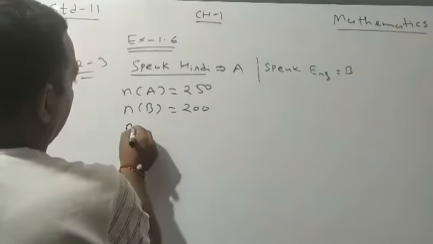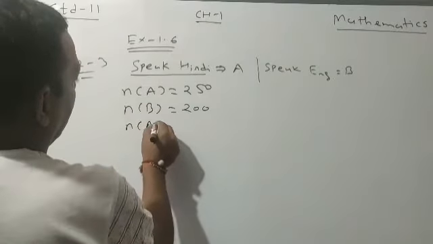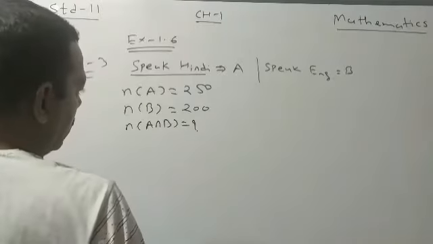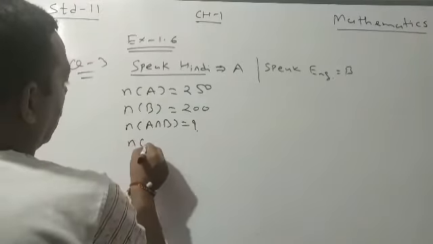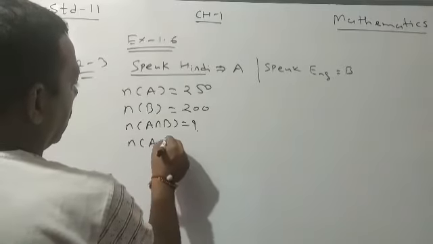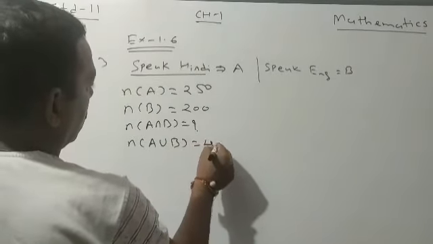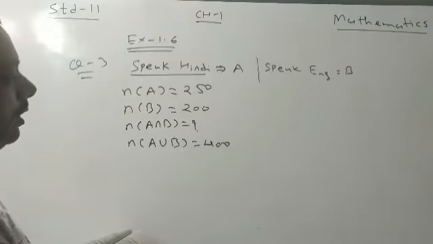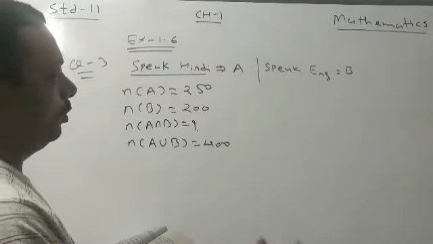So now it is clear that n of A intersection B is the question mark, but from the given data it is to be understood that A union B is equal to 400, because there are 400 people and definitely they can speak any one language or both languages.